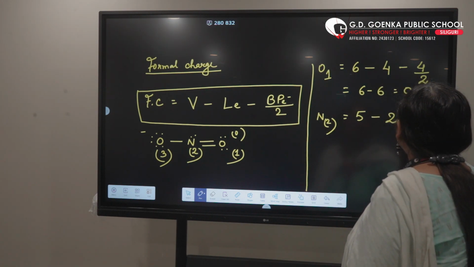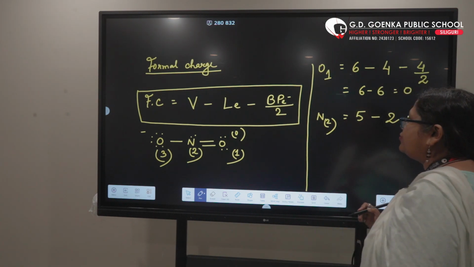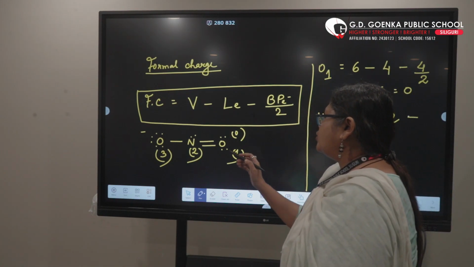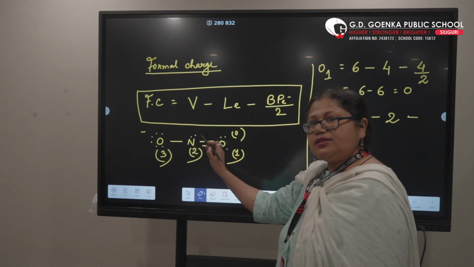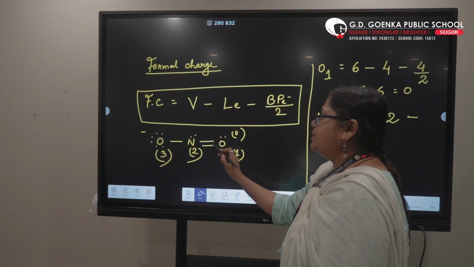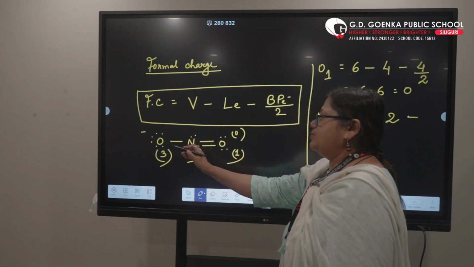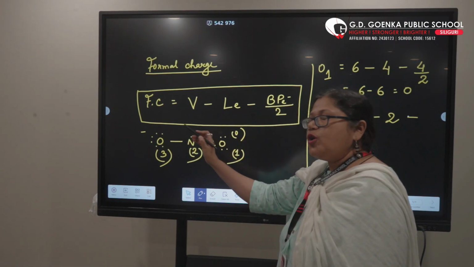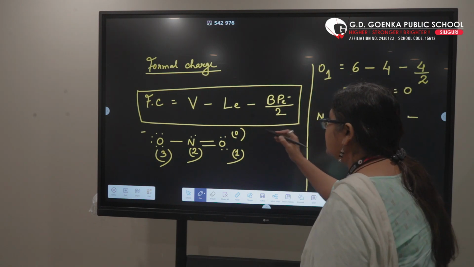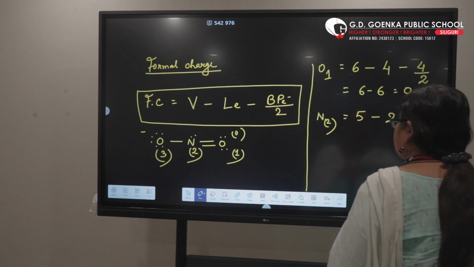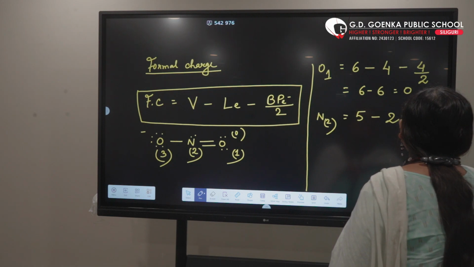Then minus bond pair of electrons. So bond pair of electrons, you see here, nitrogen is surrounded by how many bonds? 1, 2, 3. Total 3 bonds. So nitrogen, the central atom, is connected to the 2 oxygen atoms by 3 bonds. For 1 bond we have 2 electrons, so for 3 bonds 6 electrons by 2.